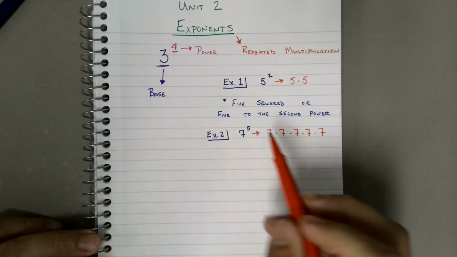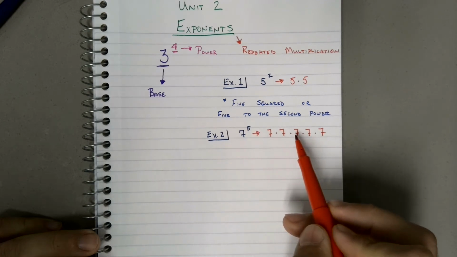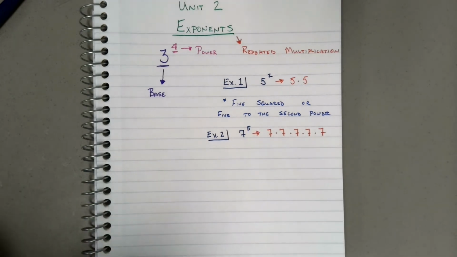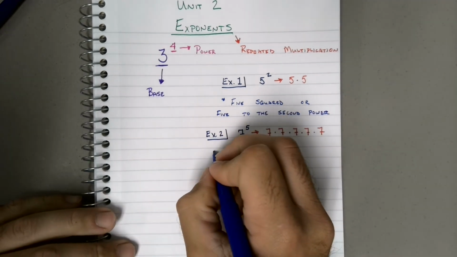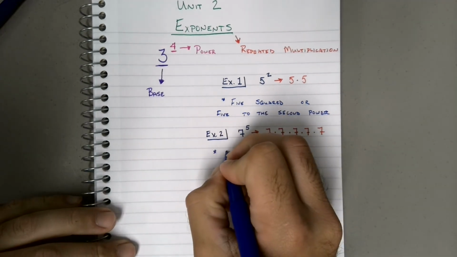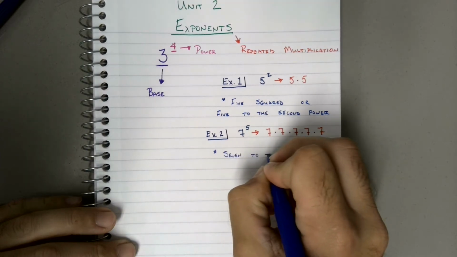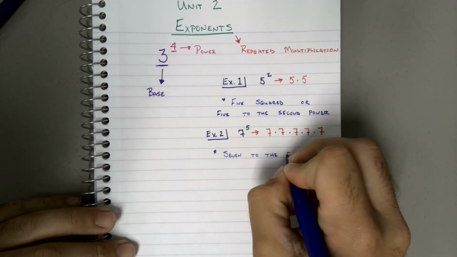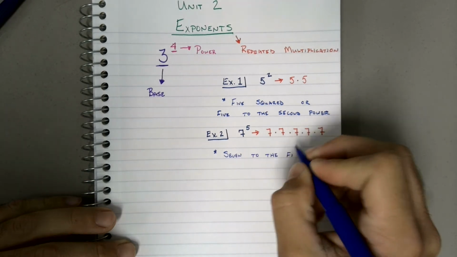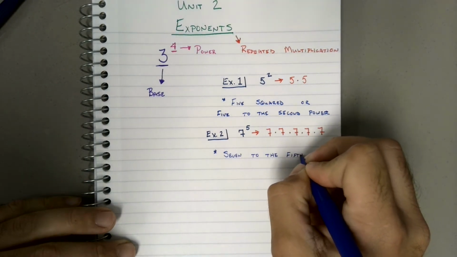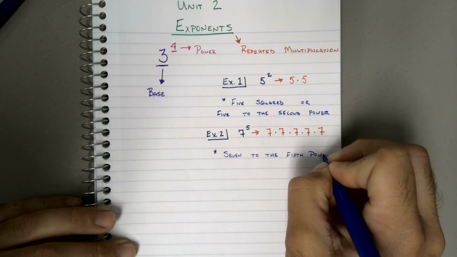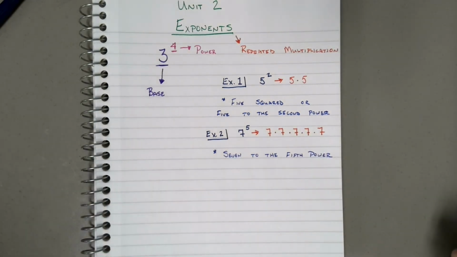So we're multiplying 7 by itself 5 times. 1, 2, 3, 4, 5. Okay, and how would you say this? You would say 7 to the 5th power. All right, 7 to the 5th power.